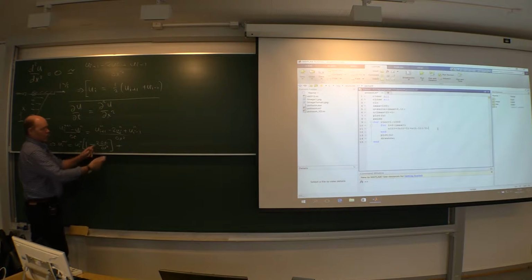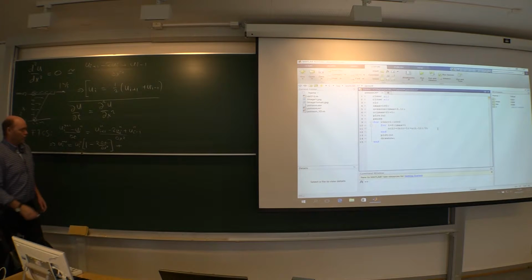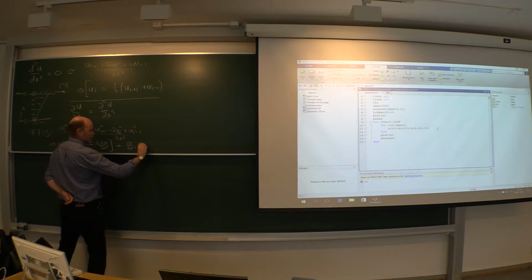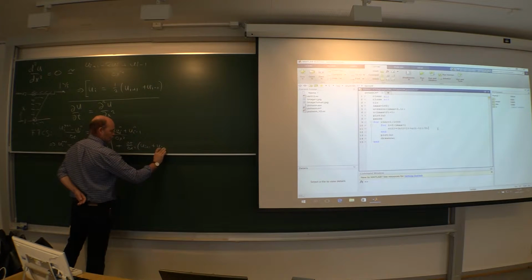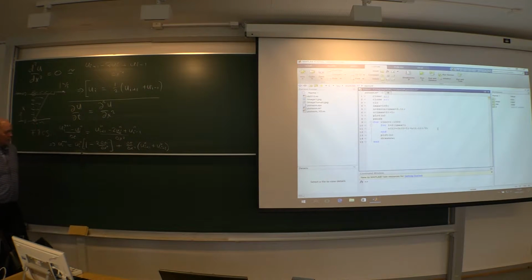Then we have the two others, i plus 1, i minus 1. Both of them will be multiplied with delta t over delta x square, and then you'll have u_{i+1}, u_{i-1}, level n, something like that. That should be the FTCS scheme.